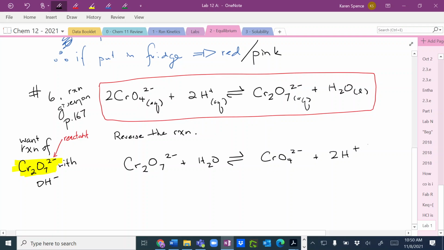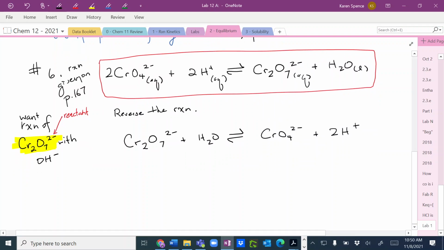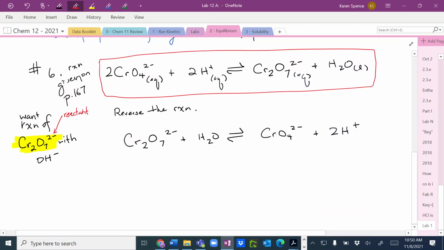All right. Now, we want this thing to be reacting with hydroxide, but in our equation, we have hydrogen ion. How could we turn this thing from being acidic to being basic? We could add what?